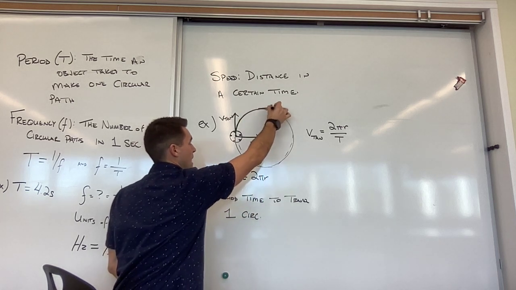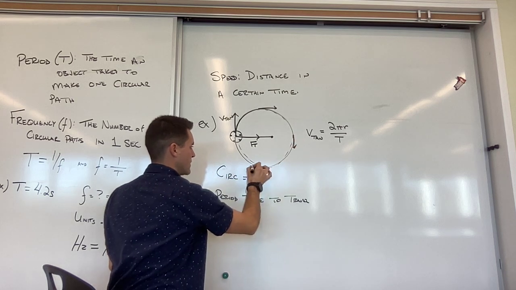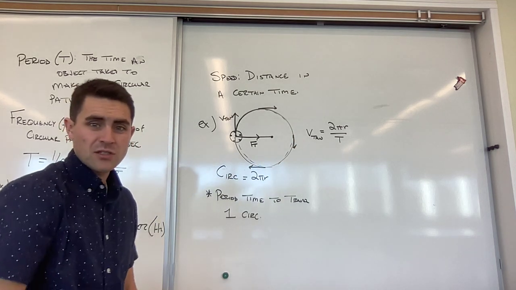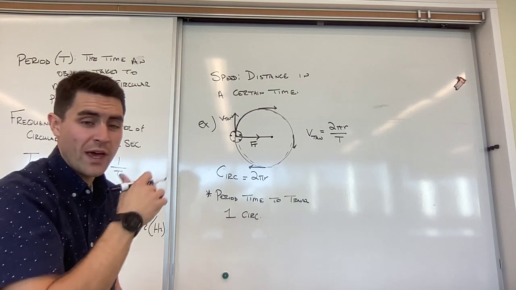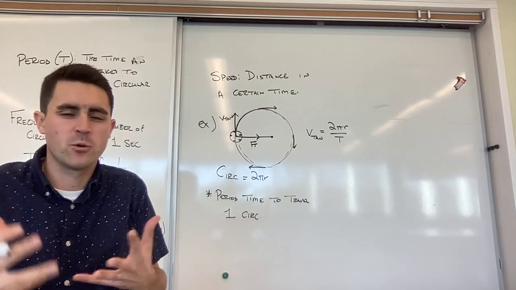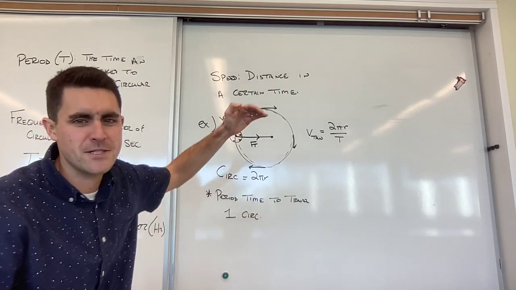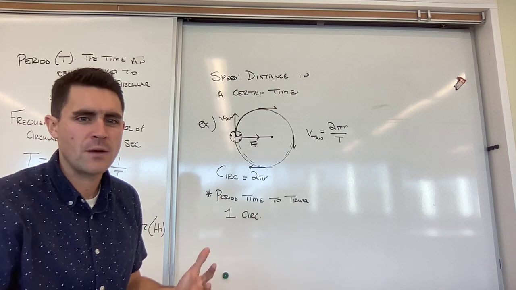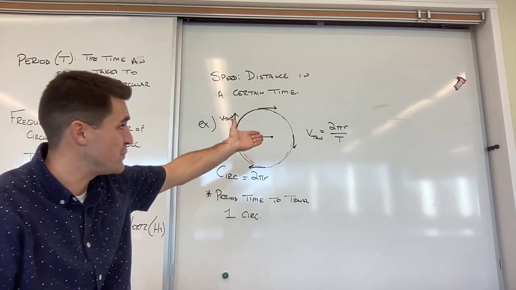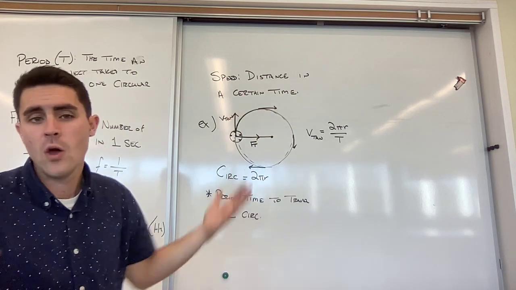So at any point on my circle, that hover puck wants to be moving in these directions. All the way, it wants to go that way, but as we talk about changing directions and centripetal forces change directions, that's what this tension force is doing, it keeps pulling that hover puck back around in its circle. So we talk about the speed tangentially, or the V tan, is equal to 2 pi r over T.